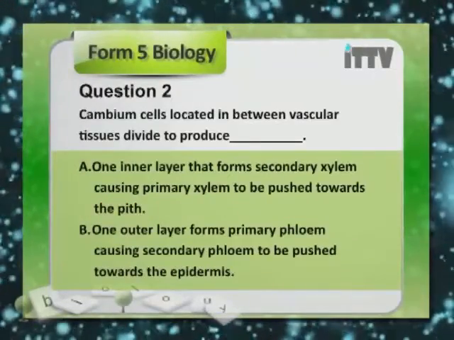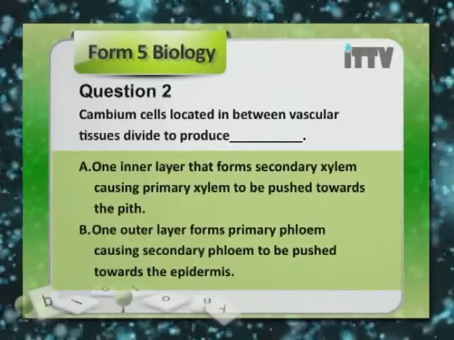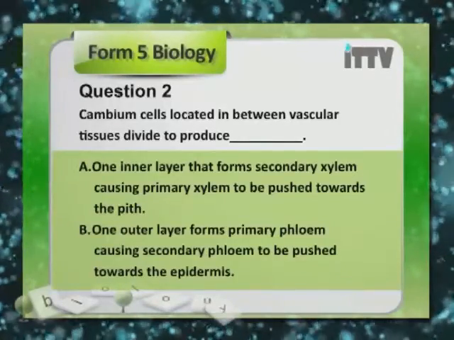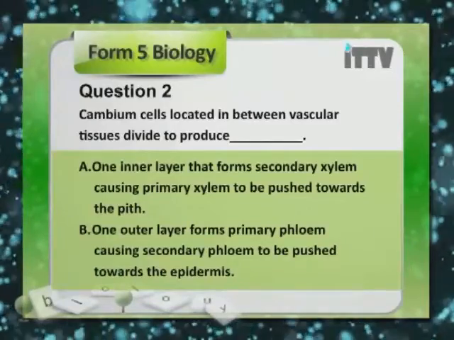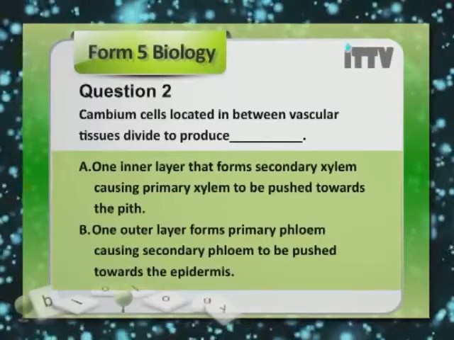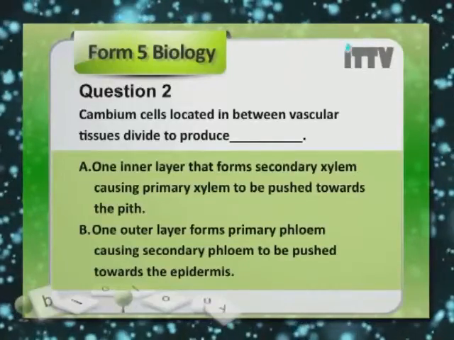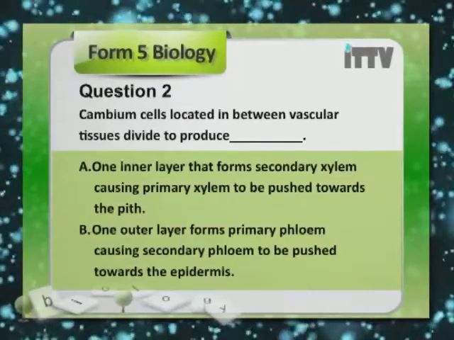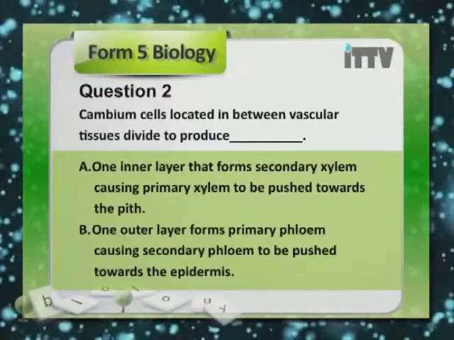Now, cambium cells are located in between vascular tissues. They divide to produce, A, one inner layer that forms secondary xylem, causing primary xylem to be pushed towards the pith, and B, one outer layer to form primary phloem, causing secondary phloem to be pushed towards the epidermis.